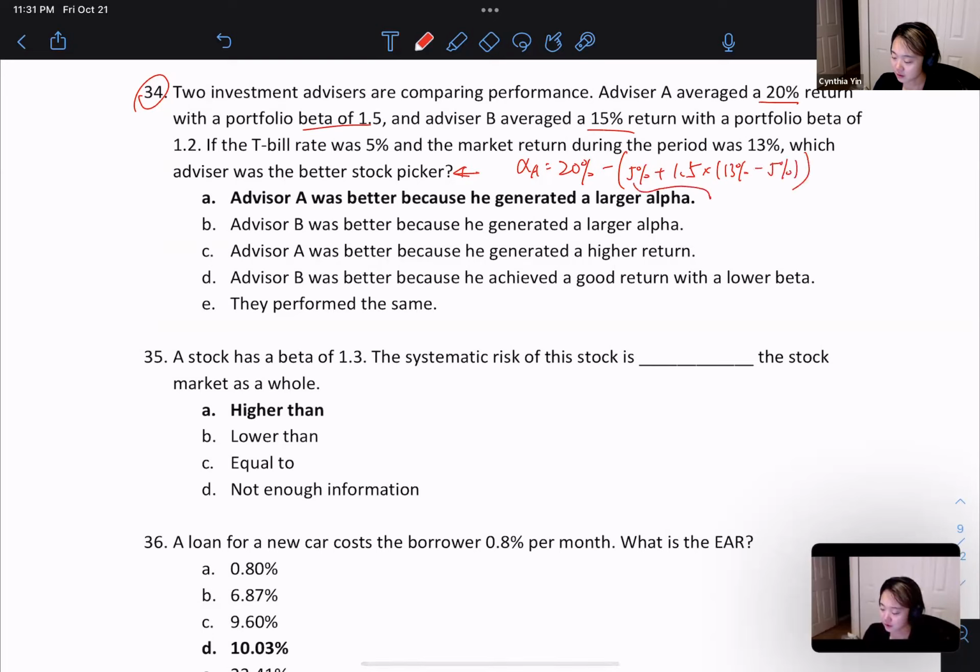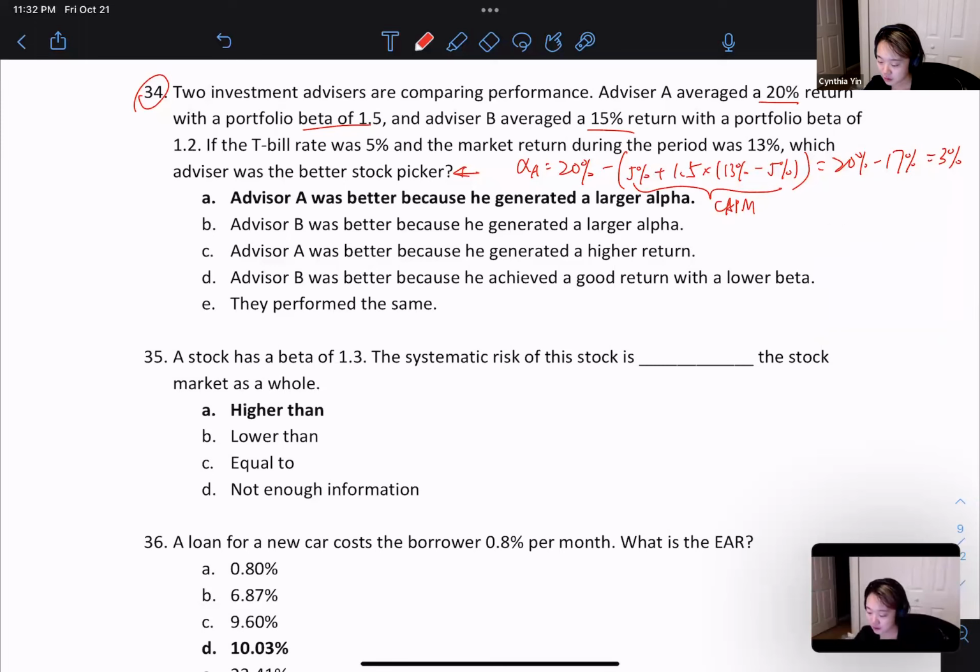This here is the predicted expected return according to CAPM. And what's the answer? Let me calculate. It's 20% minus 17%, which equals 3%. This is alpha A.